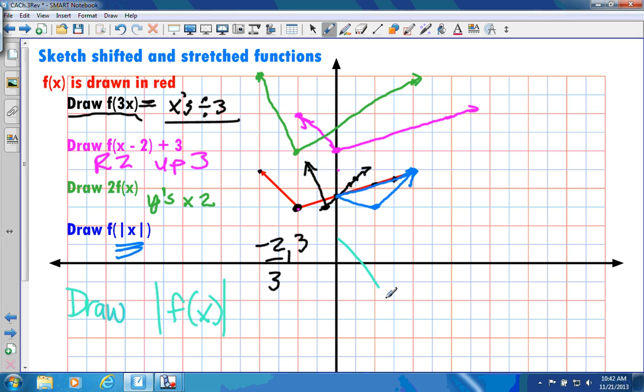But if it was something that was down here like this, and you were supposed to draw this differently, it would look like that. Because this part of it all has to be flipped up to the positive half. And so that's tomorrow's part of the test.